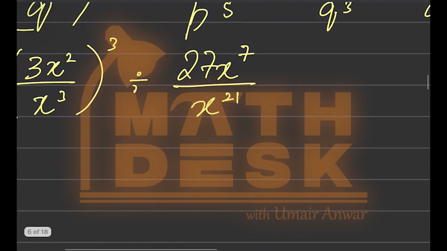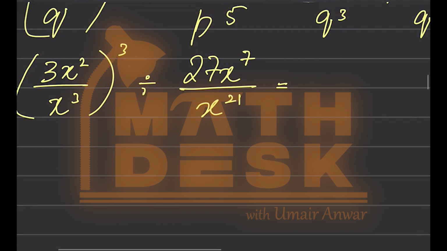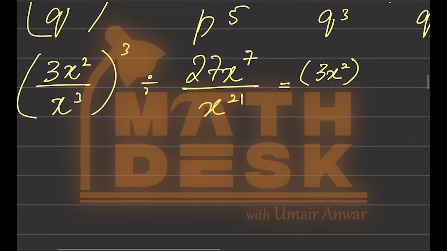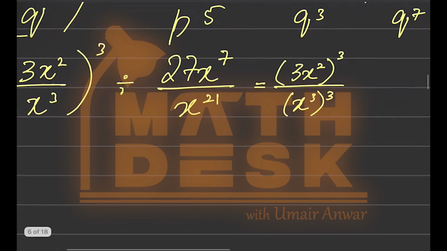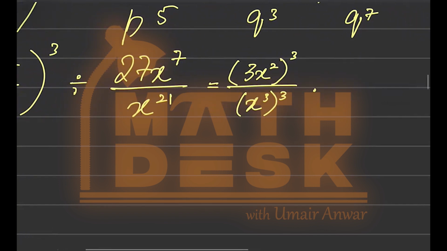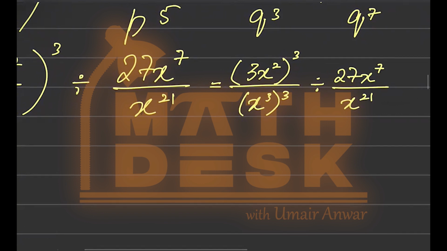In the first fraction, we could use the same rule and apply the whole power on both the numerator and the denominator. So x cube raised to 3 divided by 27 x raised to 7 divided by x raised to 21.